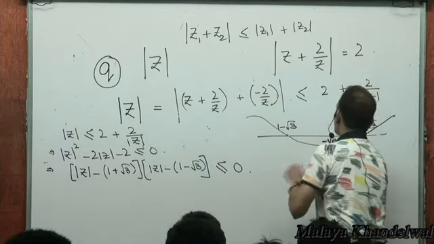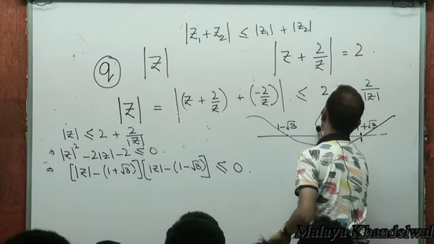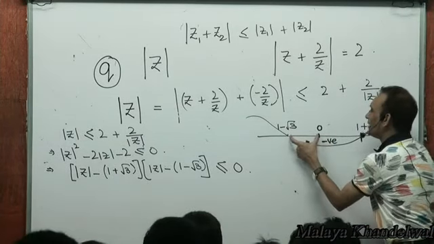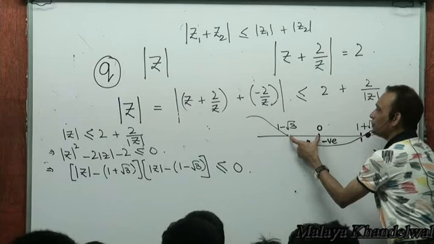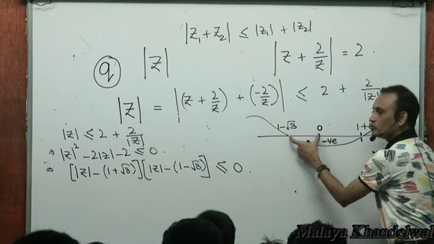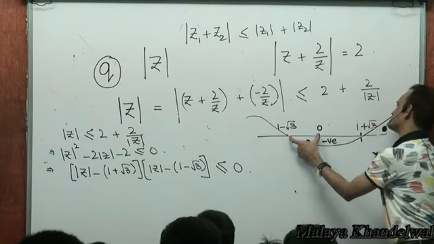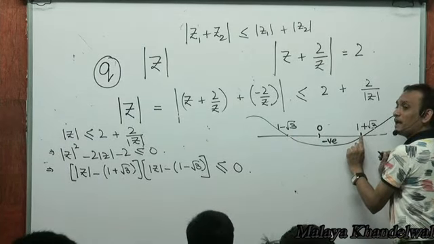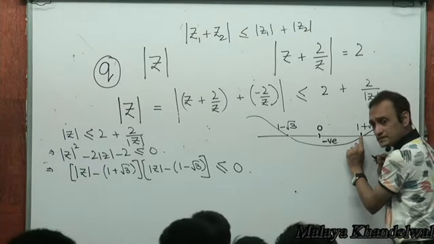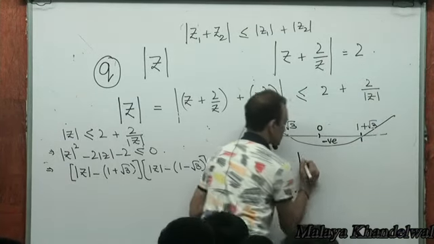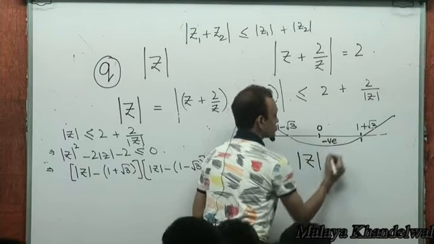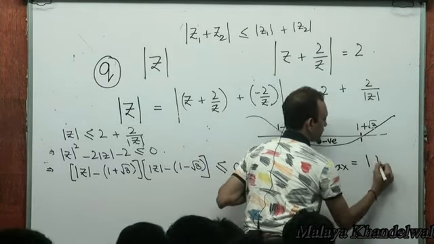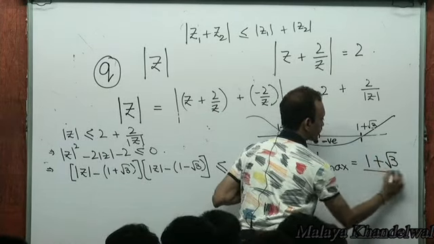In fact, since mod z is never negative, 0 is a value between this and this. So mod z will not have any value from 1 minus root 3 to 0. But that does not matter, isn't it? The maximum value of mod z will be 1 plus root 3, isn't it? Right? So mod z max in this proposed interval is 1 plus root 3.